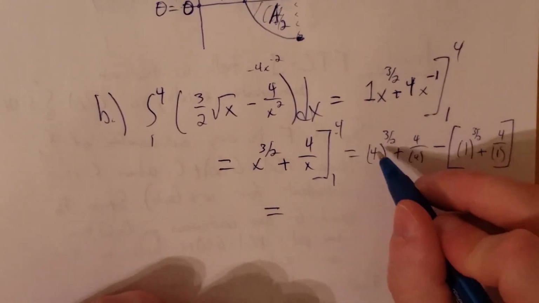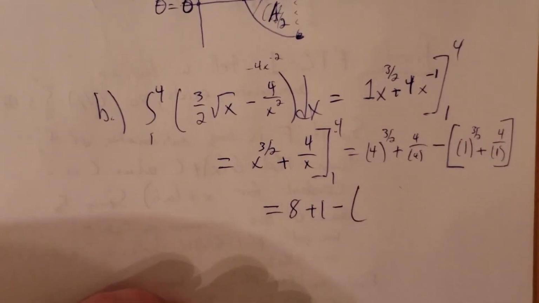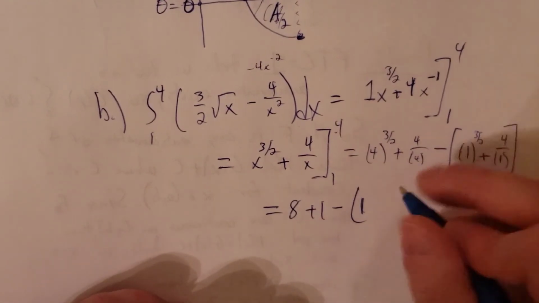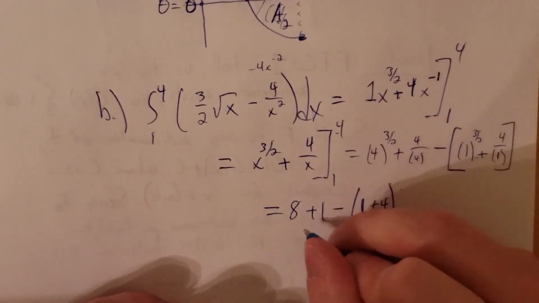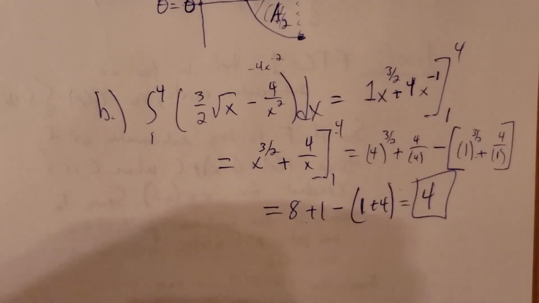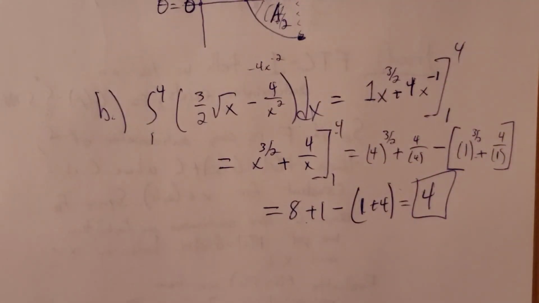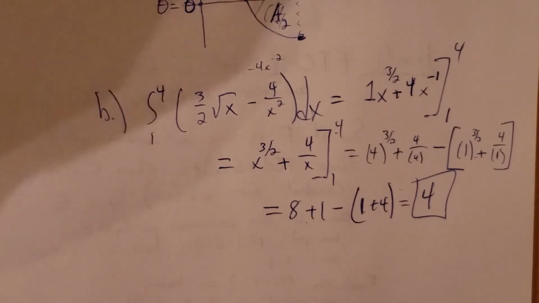All right, 4 to the 3/2 is 8, plus 1 here, minus the quantity 1 plus 4. So we get 9 minus 5, which is 4. So we get 4 as our definite integral from 1 to 4 of 3/2 root x minus 4 over x squared dx. And that's where we'll end this video.